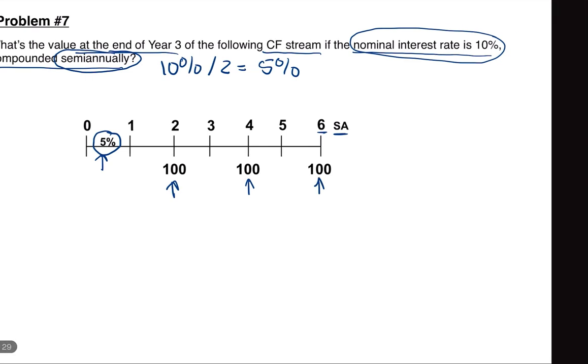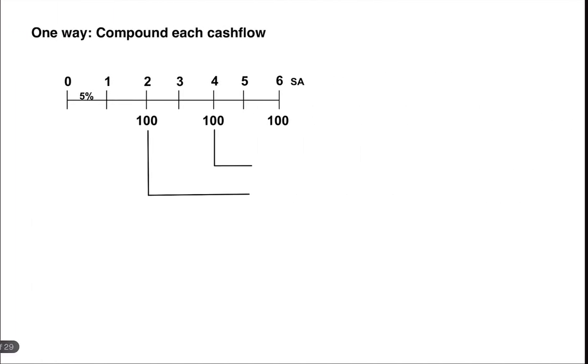So the first way is to compound each cash flow. So we can calculate the future value of each cash flow and add that up the way that we did previously in some other examples. So the future value of this $100 in period 6 will stay as $100.